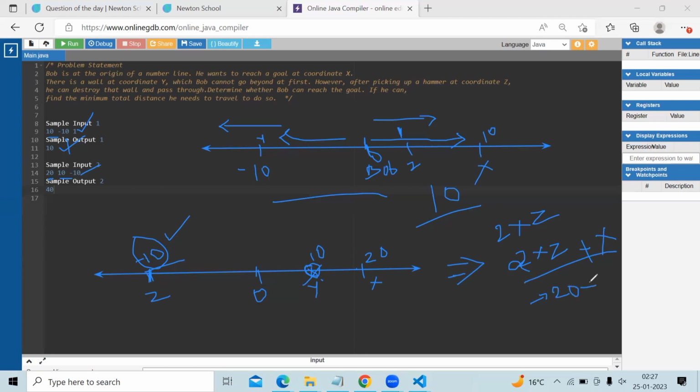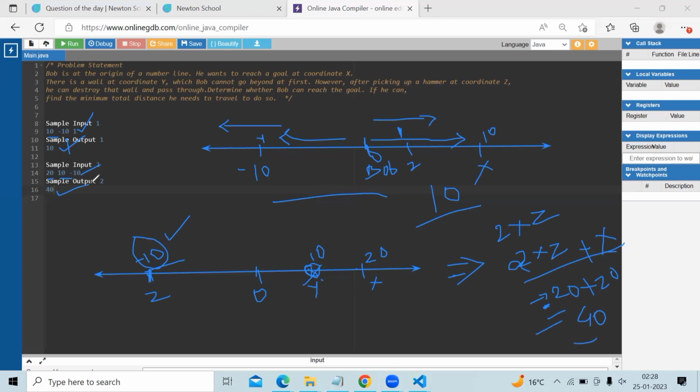And we have to add the goal, 20, ignoring the minus sign. 20 plus the value of x, which is 20. So 20 plus 20 equals 40.